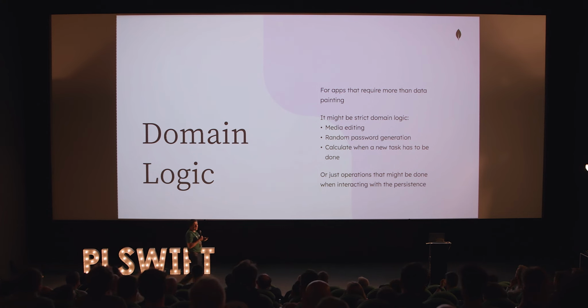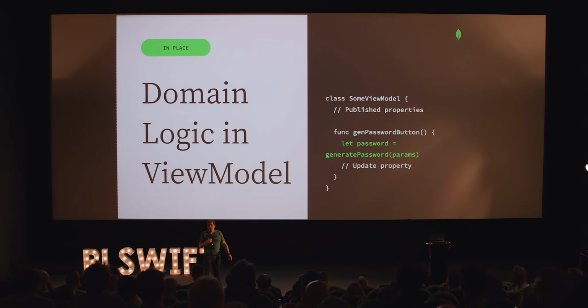So in this case, you want to have this logic implemented in a way that it can be reused across your application in several views if you need to, and in a way that is easy to use. Let's talk about it. So this is the first way to implement this logic, and you can get this password from this generate password function with the parameters that will configure this function.